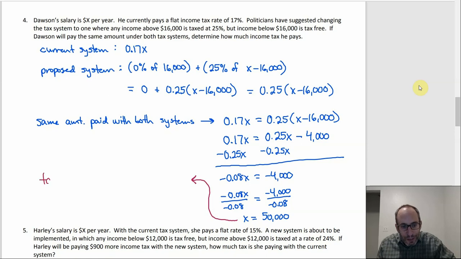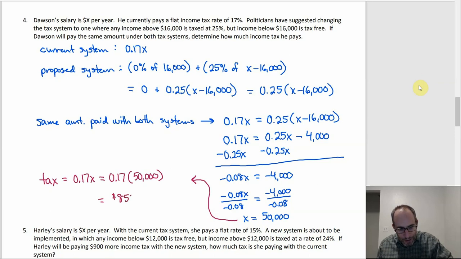So then the tax is going to be 0.17x, which would be 0.17 times 50,000, which is 8,500. And if you sub in the 50,000 into the other tax, the progressive tax, you'll also get 8,500. So either way should work.